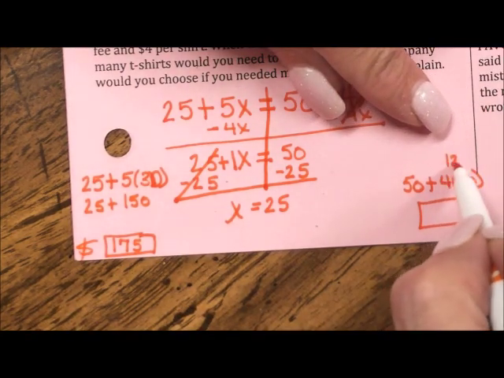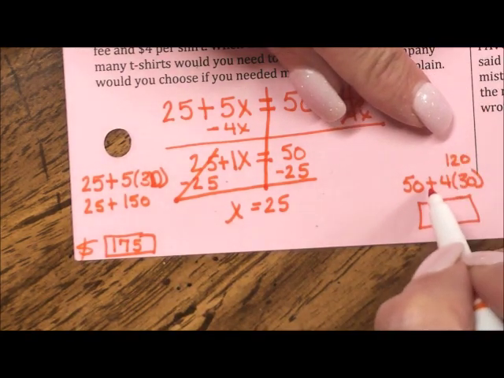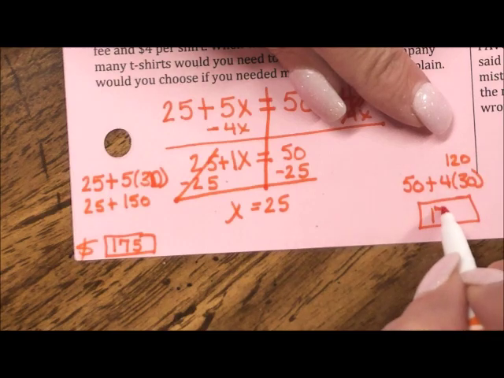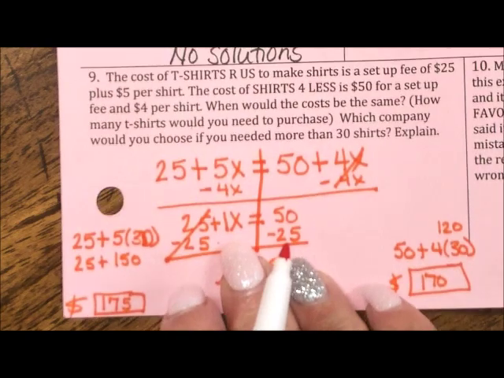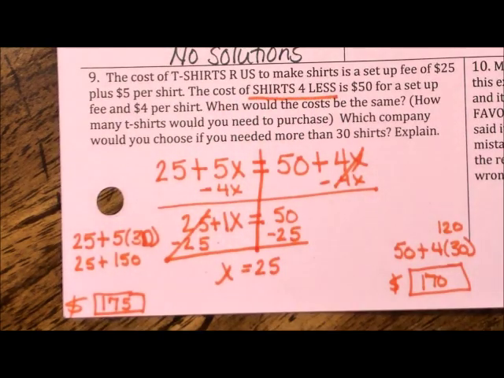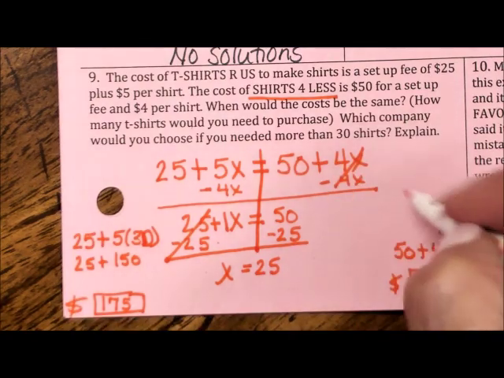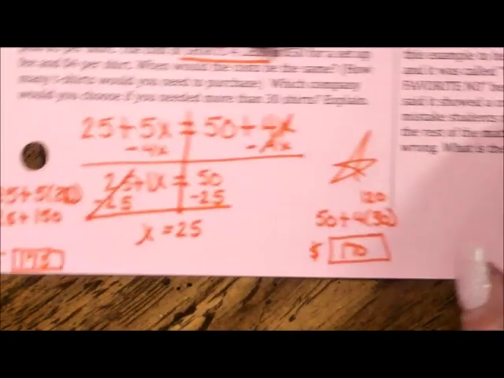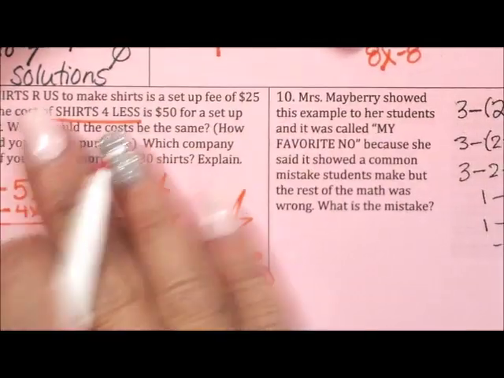This one would be 120 plus 50. So this one is $170. This one is cheaper, right? So that is Shirts for Less. Shirts for Less is cheaper. I'll put a star there. All right, that's really all on that one.